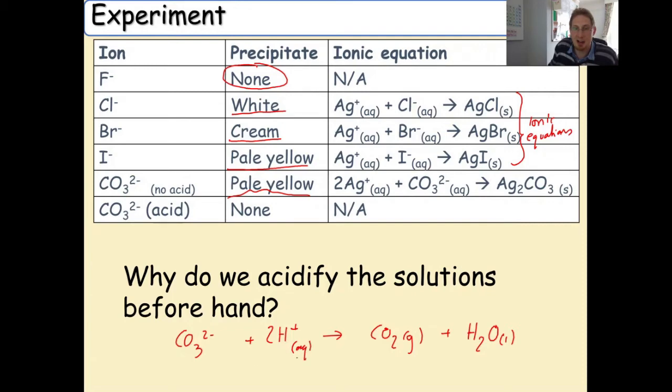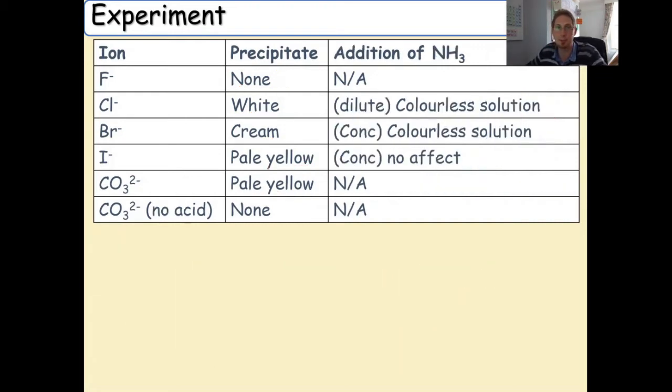So the acid will remove any carbonate ions and prevent that from ruining our experiment. And that's why if we've added acid and got rid of the carbonate, then there's no precipitate because there's nothing to react with the silver ions.